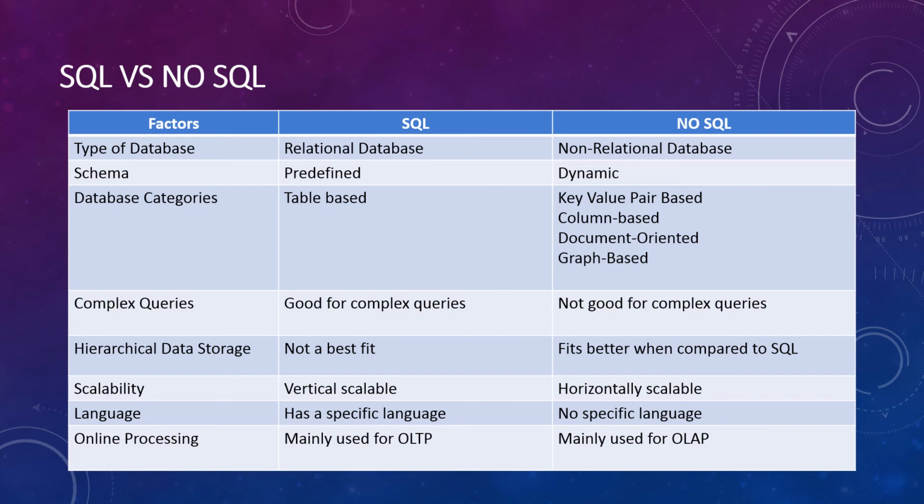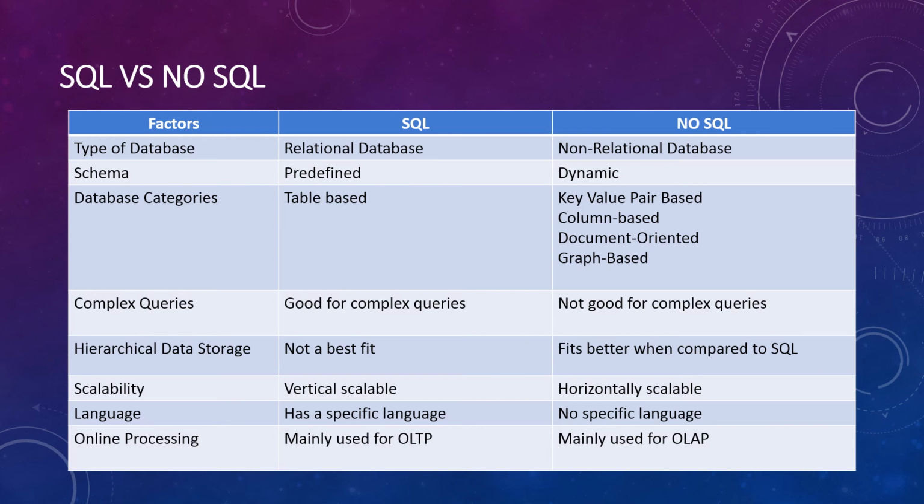Now if we consider NoSQL databases, they are not good for complex queries as they don't have standard interfaces to perform complex queries, and queries in NoSQL are not as powerful as the SQL query language. This is basically because they do not have a specific language, and the language in which they are written is completely based on the database infrastructure or schema.